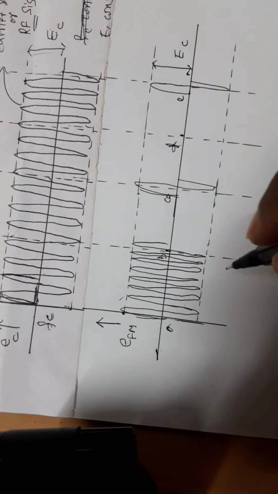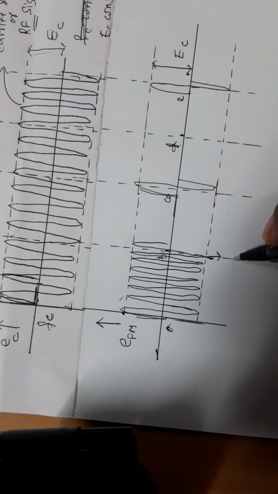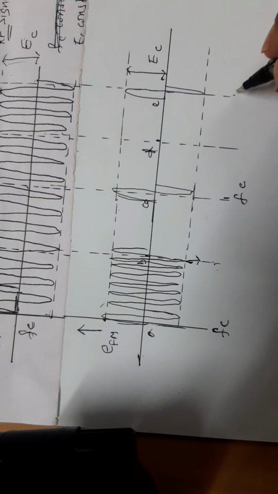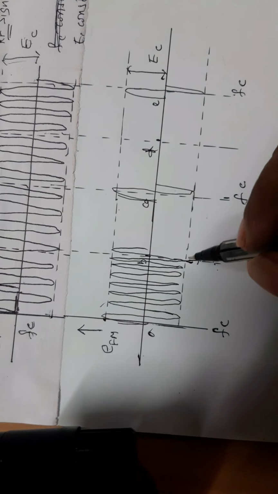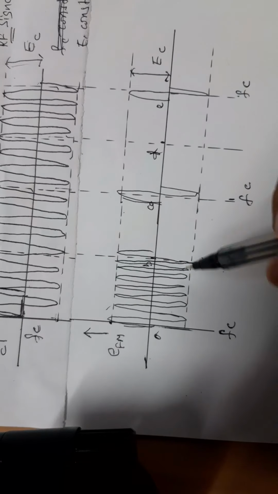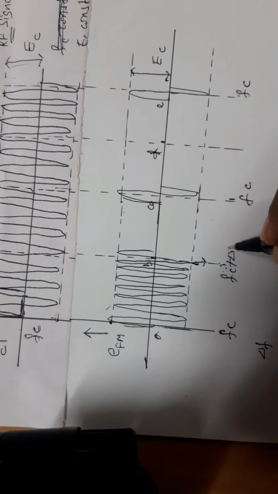So at this point, the frequency is increased to a maximum extent for the positive peak value. Here it is frequency Fc, no change in frequency. Here it is also Fc, no change in frequency. Here it is also Fc, no change. For this positive peak value, there is a maximum change in frequency. Let delta F be the change in the frequency. Then the frequency at this point is Fc plus delta F.